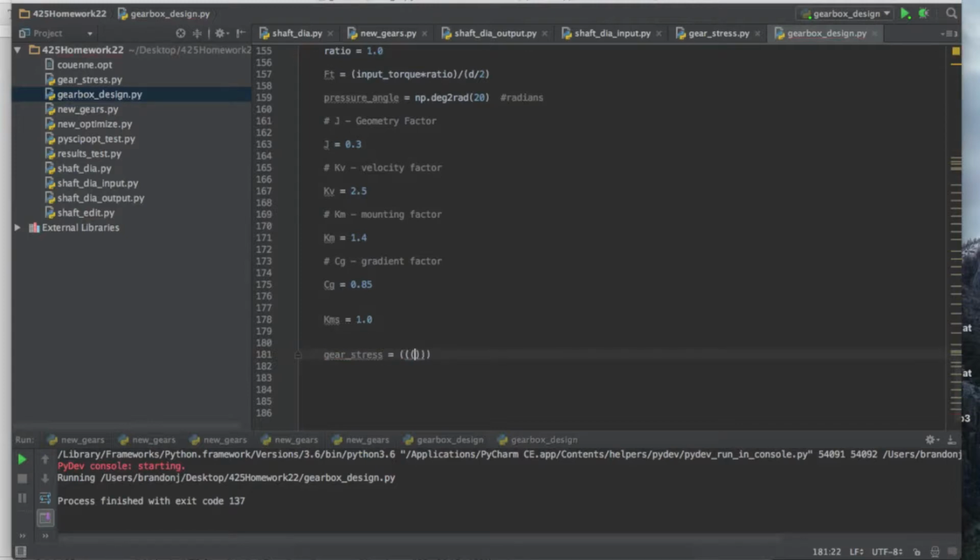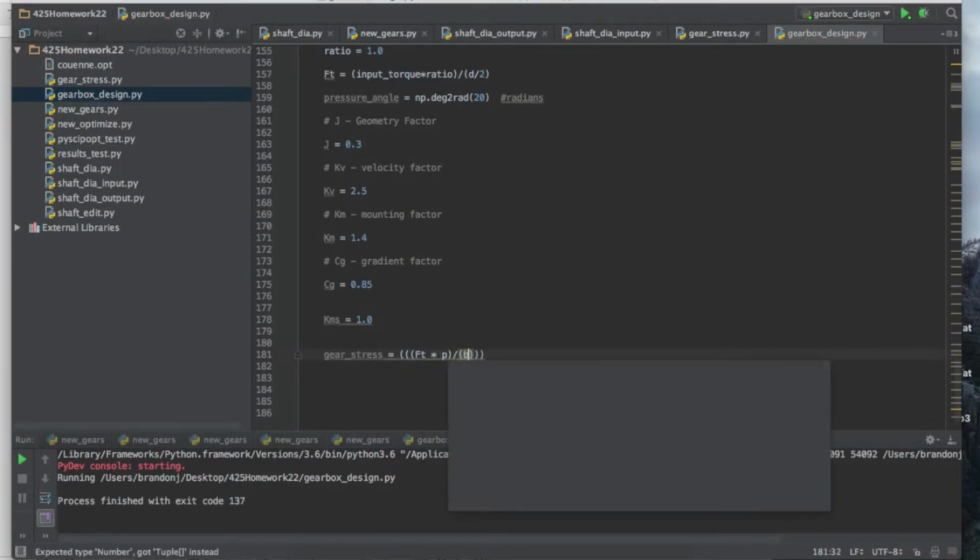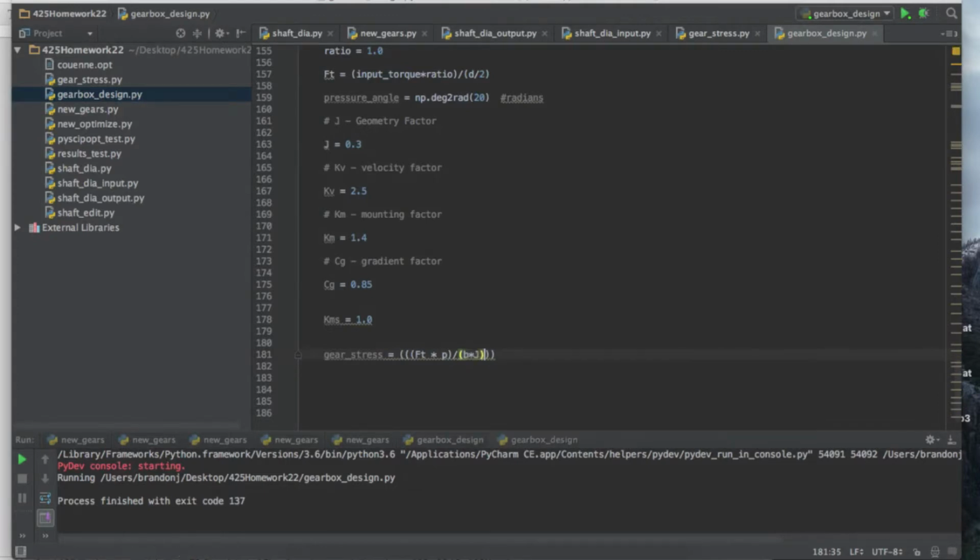go ahead and follow that function there that we had, E times J multiplied by Kv times K0 times Km divided by 1000.